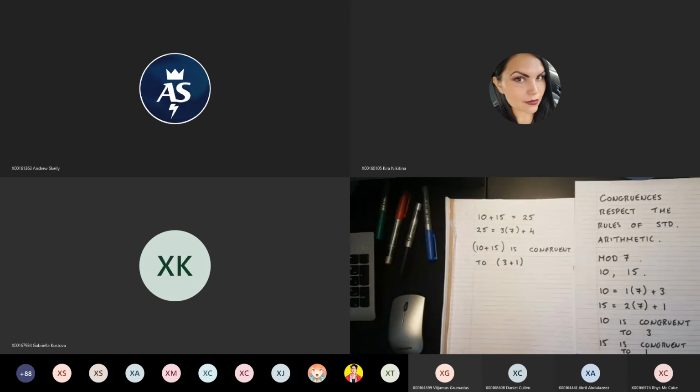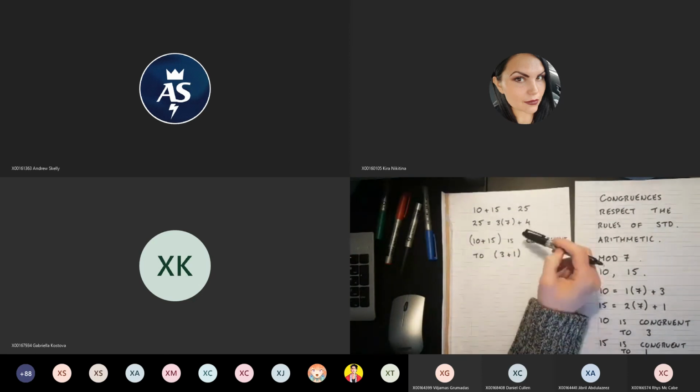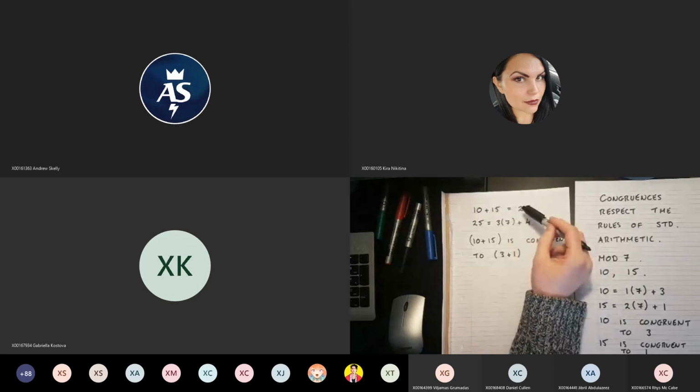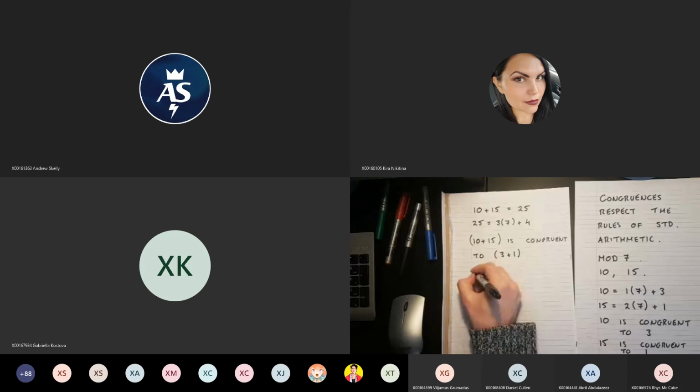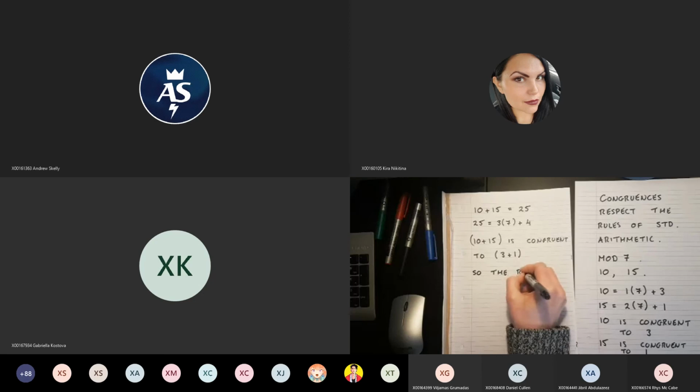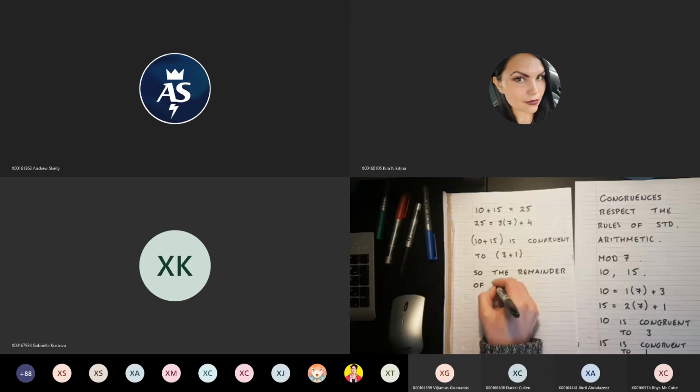The remainder that I get when I add two numbers together is always the same as the sum of the two remainders. So the remainder of a sum is the sum of the remainders.